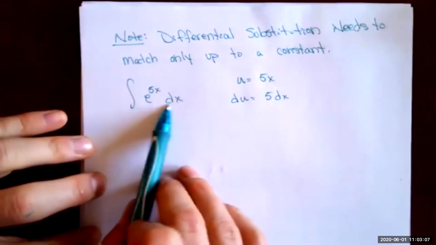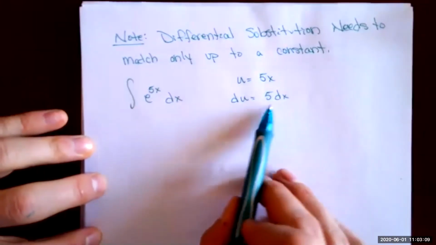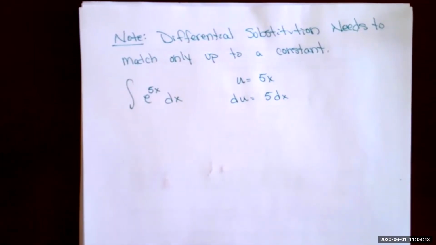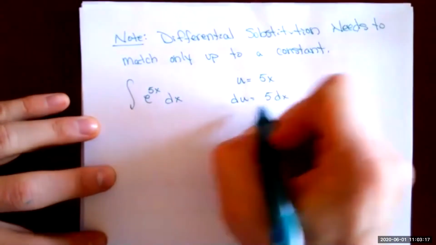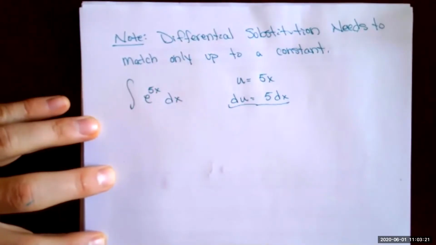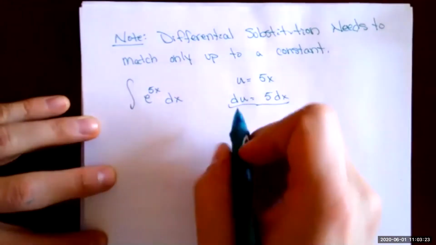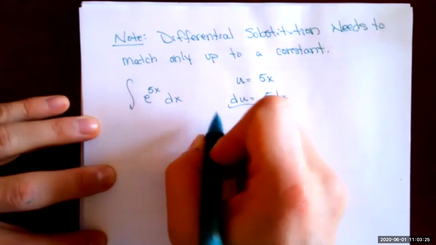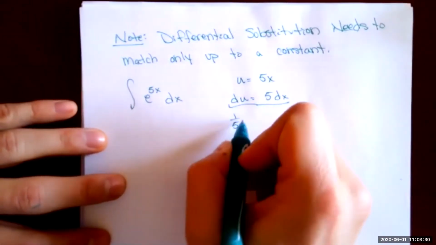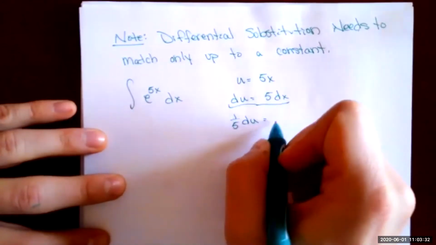So since this dx over here isn't 5 dx, that constant 5 we can just manipulate a little bit to get things to work out for us. One common thing we can do is to take our differential statement and just multiply or divide things by constants. So I can really write this as 1/5 du is equal to dx.